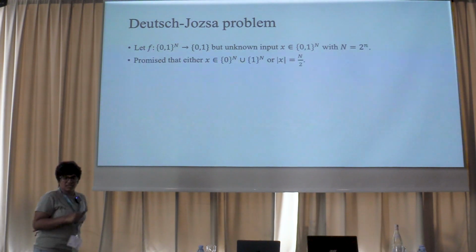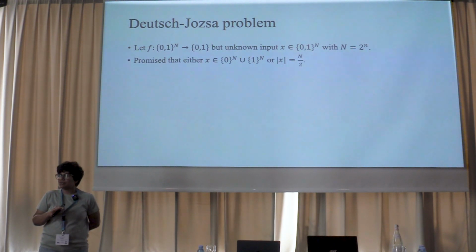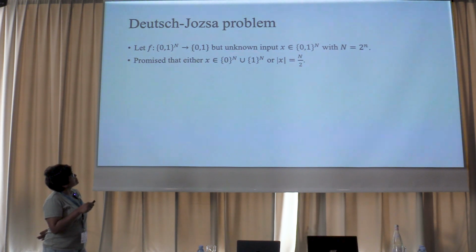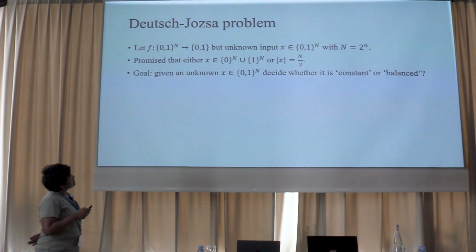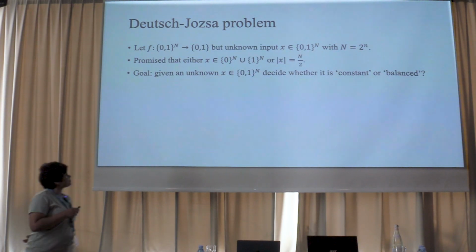Yeah, assume n to be even. So you understand? This is called the constant case and this is called the balanced case. I want to understand whether my input is a constant input or a balanced input. That's the question I'm asking.